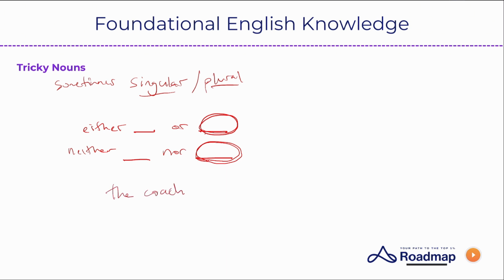In this case, you want to look at this noun here, the players. Because players is plural, you know the verb has to be plural. So either the coach or the players are.